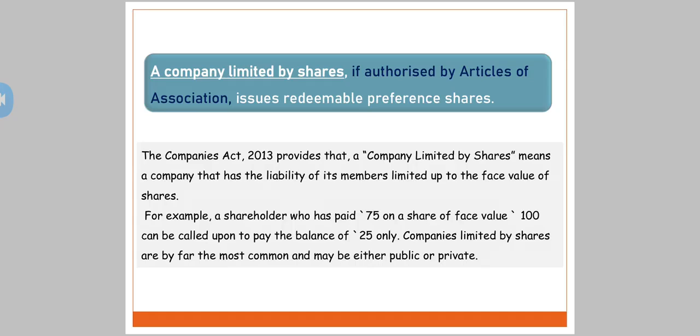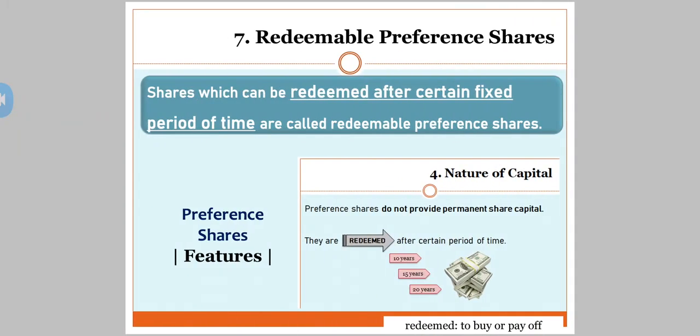For example, a shareholder who has paid 75 on a share of face value 100 can be called upon to pay the balance of 25 only. Companies limited by shares are by far the most common and may be either public or private. This is just for your understanding. What you are supposed to remember is all these blue boxes which I have highlighted.